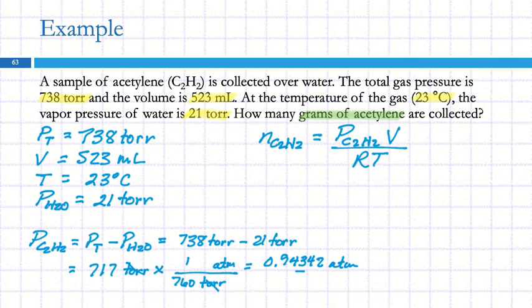Okay, so that's the pressure I'm going to use. How are the units on my other quantities? Volume's not good, is it? No, temperature either. So let's call this 523 times 10 to the minus 3 liters. And we're going to have to convert this to Kelvin. I'm going to add 273, so I'm going to get a Kelvin temperature of 296 Kelvin.